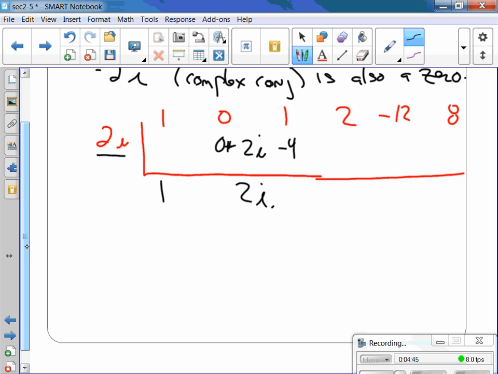Negative 3. So negative 3 times 2i. What's that? 2 plus 6i, or 2 minus 6i. Again, don't forget that's like a 0 minus 6i, so 2 plus 0 minus 6i, as Stephen said, 2 minus 6i.